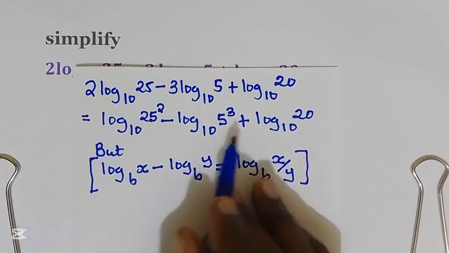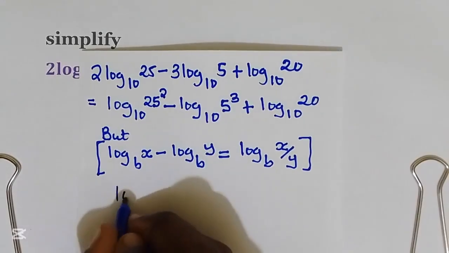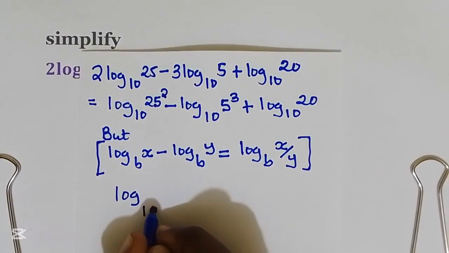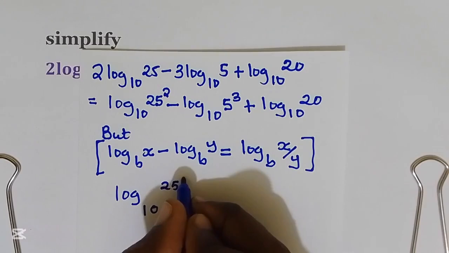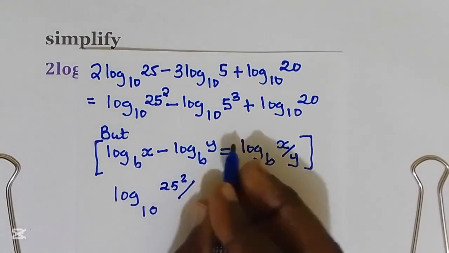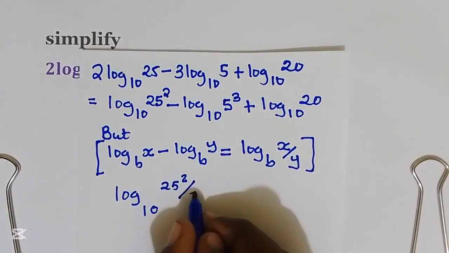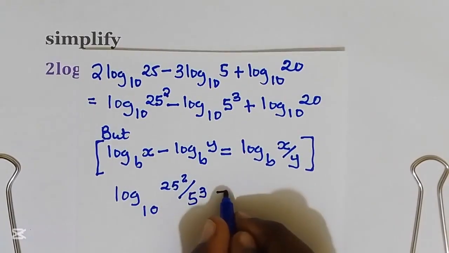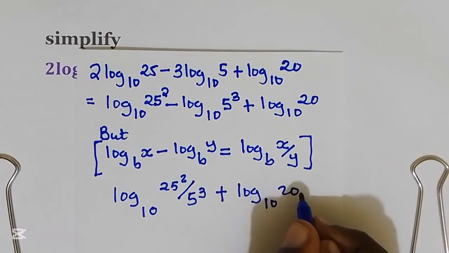As we can see, all of them have a base of 10. So this is going to be log base 10 of 25 power 2 over 5 power 3, plus log base 10 of 20.